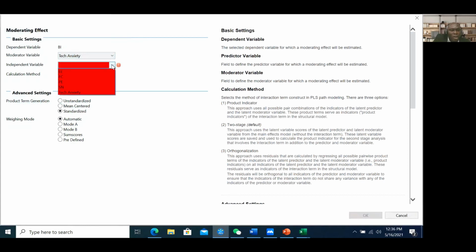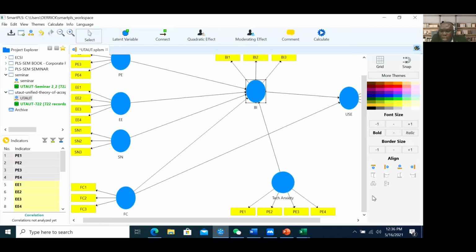The independent variable is, just a moment, let me see. It seems I've drawn this model wrong. Let me delete this. So here.